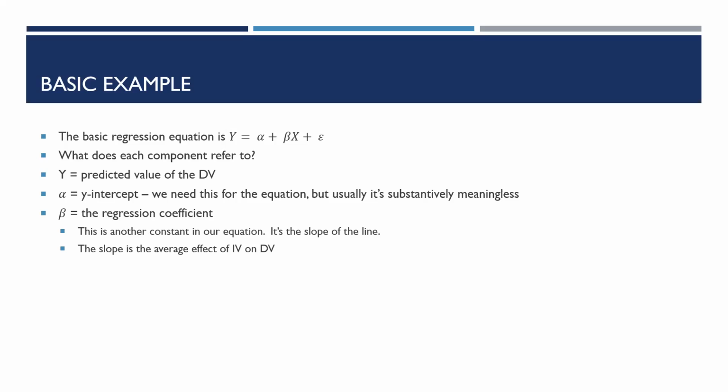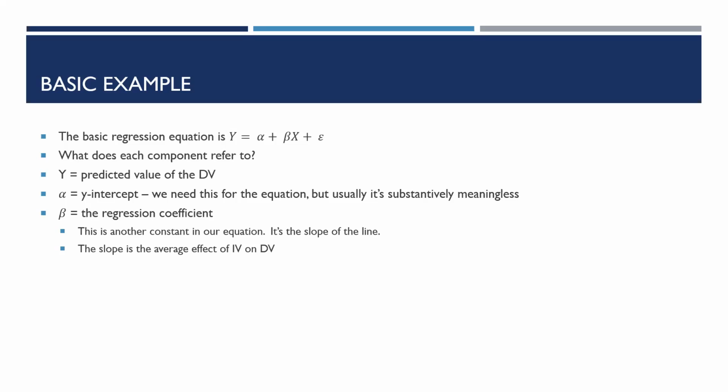And then the thing we're really interested in the regression output and equation is the beta, or multiple betas if we're including multiple independent variables. Each independent variable will have its own regression coefficient. So this is another constant. It's not a variable, but what it does is it allows us to know how, when variables change, that affects the outcome variable, the dependent.